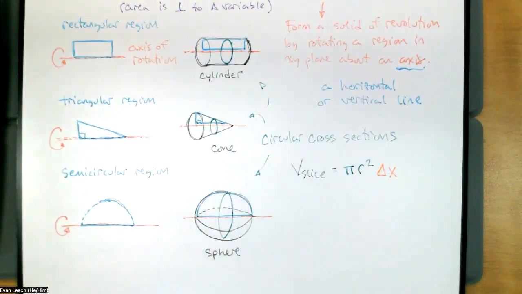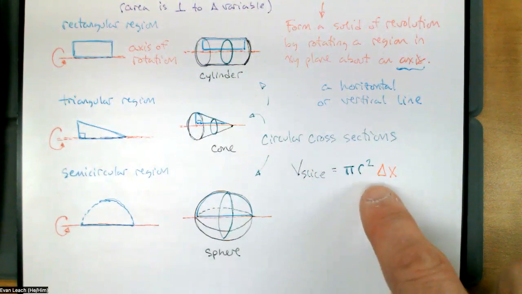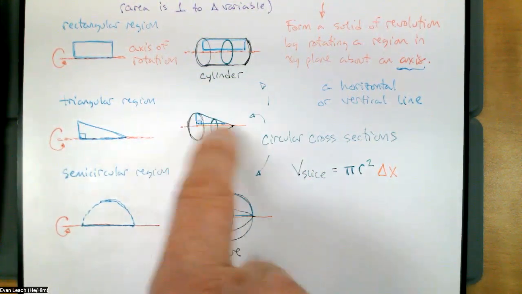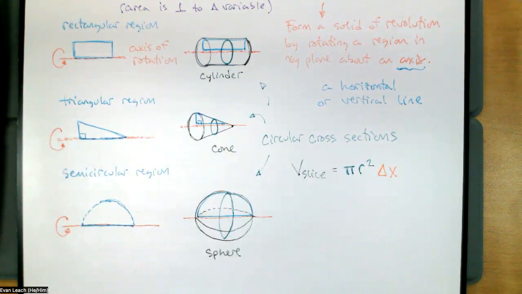Then our job will be to figure out what the radius is as a function of a variable running along the axis of rotation. For a cylinder, r would be a constant function of h. For a cone, r would be a linear function of h.